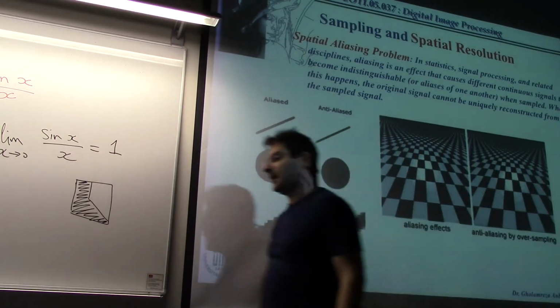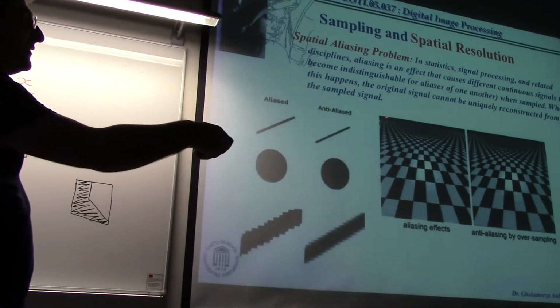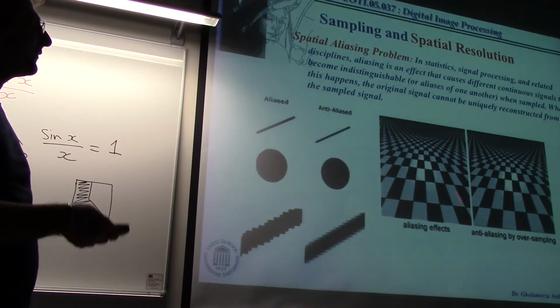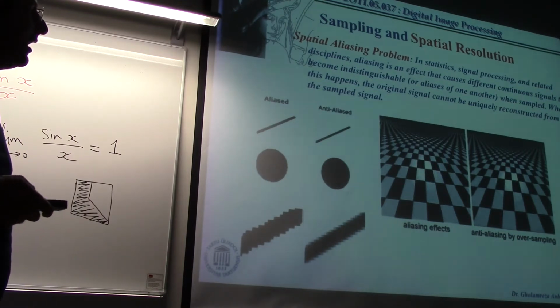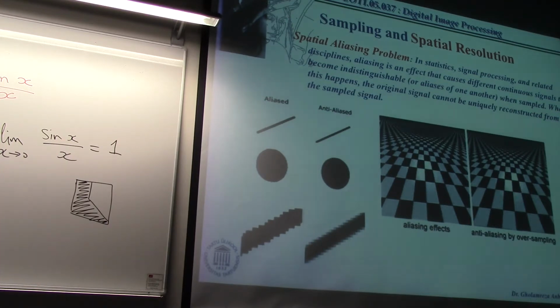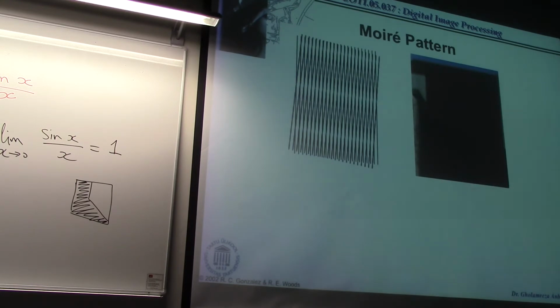So when we are sampling, we have to look at what the frequency is, because we look at the maximum frequency and we have to multiply by 2 and then do the sampling. So we can get rid of the aliasing. This type of pattern that we usually have is called Moire patterns.